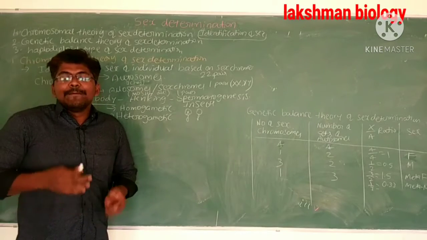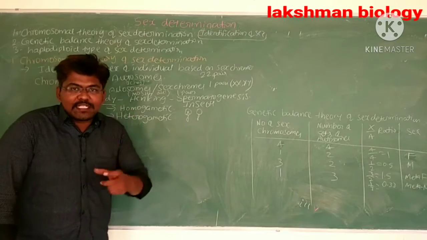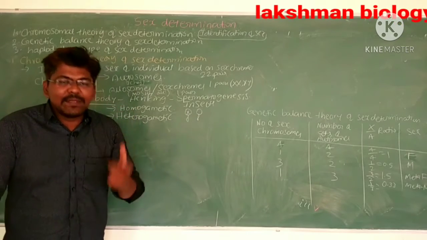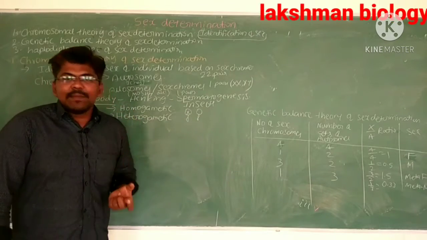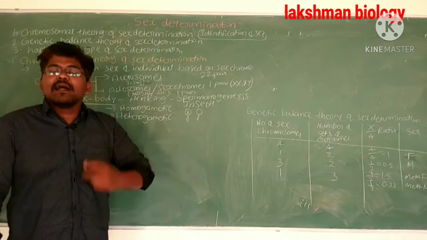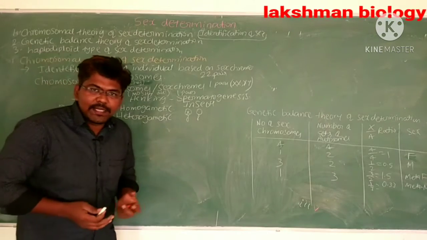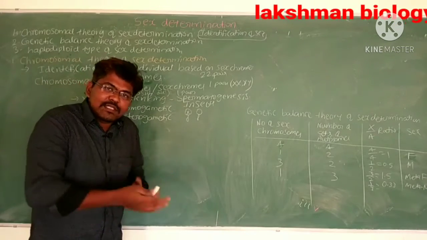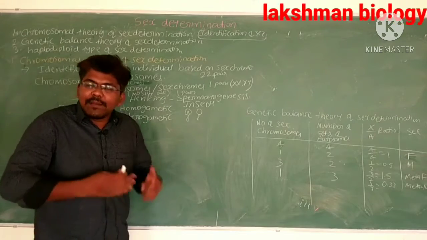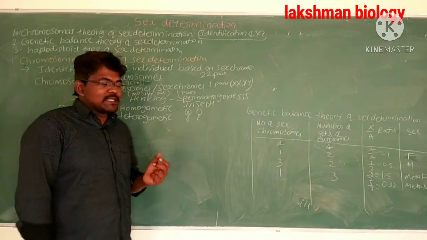In human beings, males are heterogamatic because they produce two different gametes, and those gametes are heterogametes. Females are homogamatic because they produce similar gametes, and those gametes are called homogametes.